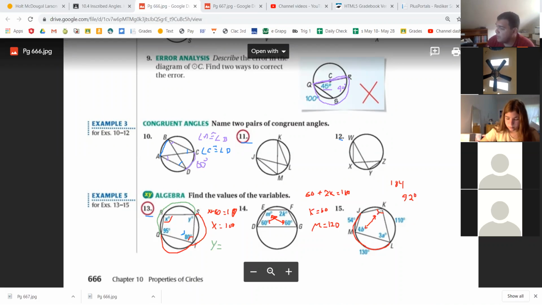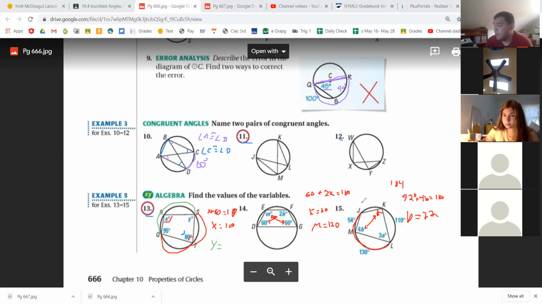So if this one is 92 degrees, I can do 92 plus 4b equals 180, because now I have both pieces of information. I can set them into a supplementary situation and solve. Subtract 92 on both sides, I should get 88. 88 divided by 4, I apologize, should be 22. So B in this one is 22.